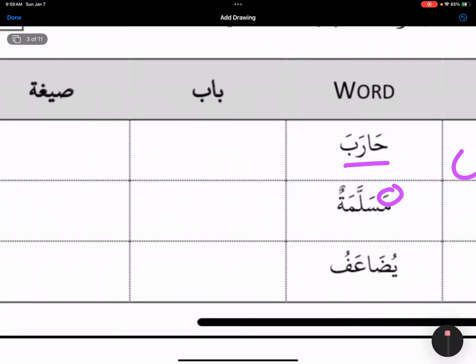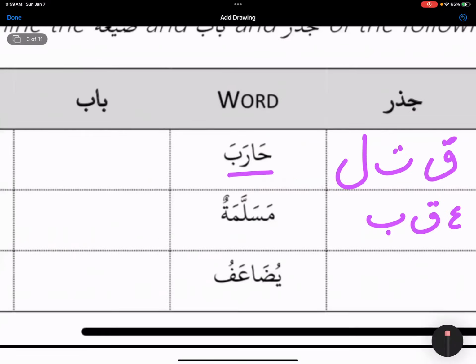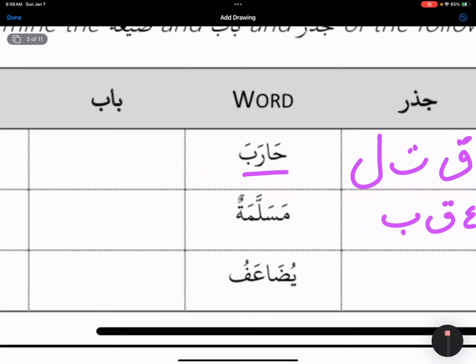Okay. So now what are the root letters here? Sin, lam, mim. What is the wazan? Mufa'alatun. Yes. Very good. And what is the siga here? Musallamatun. Ism maf'ul?